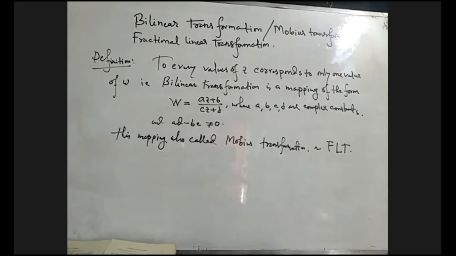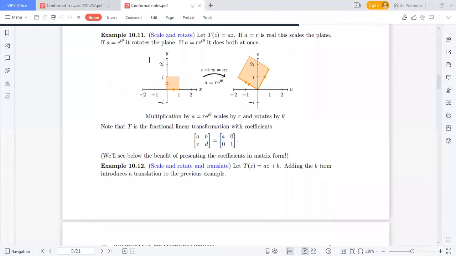For example, we can say this is an example of a bilinear transformation or Mobius transformation or fractional linear transformation.